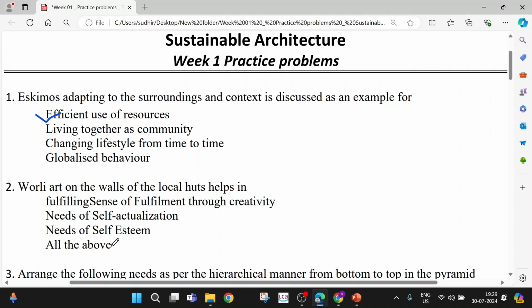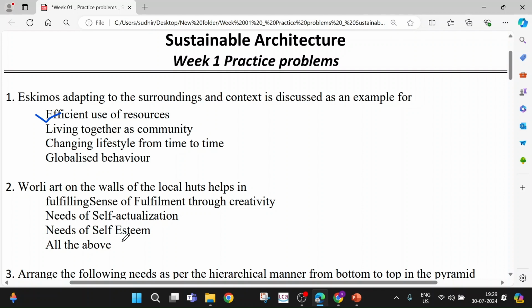I received two answers for this question, Disil and Snehal, and Lina also marked D. I think this question was also given in your assignment. Yes, sir, this was also asked in the previous year. So I think we can move to question number 3, if all of you are okay.